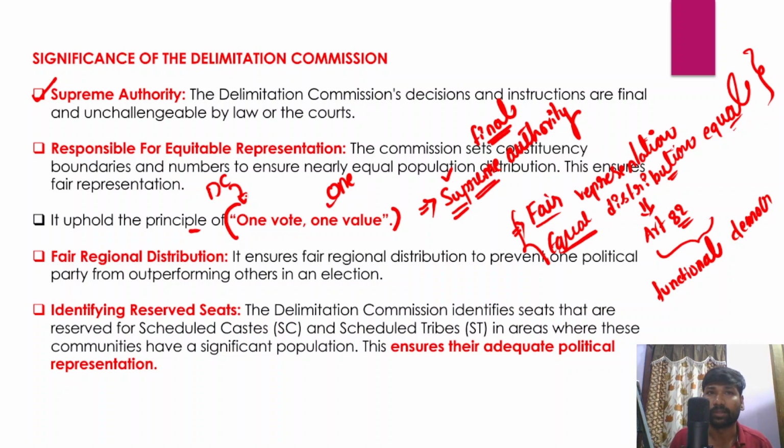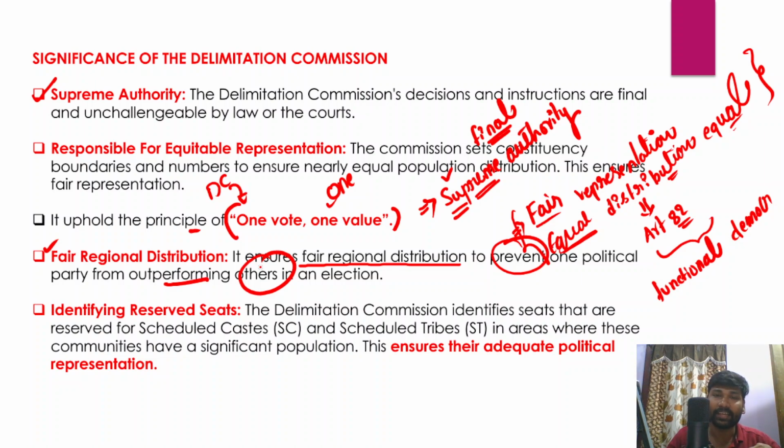based on the population. And in fact, it also ensures fair regional distribution as well, because we have just understood that it studies the number of population located in a particular territory. So it ensures fair regional distribution, and this fair regional distribution prevents one political party from outperforming others in an election.